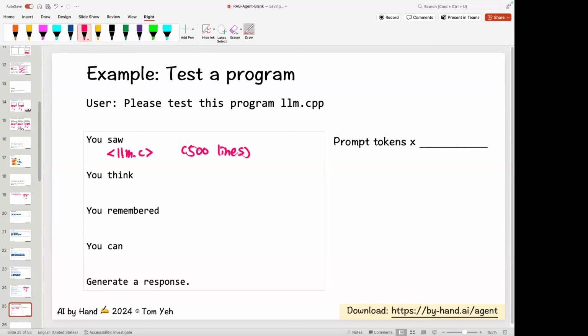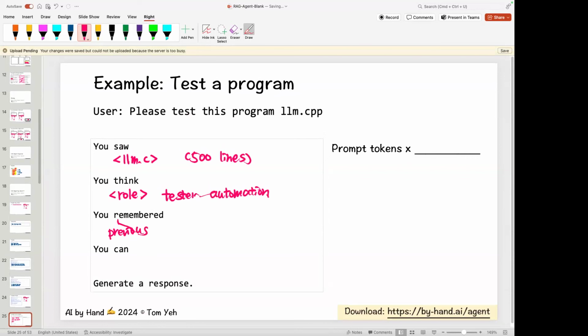How can agents think about what it is trying to do? So add a role. Now I want it to be a tester and also based on automation. So now it knows, it probably becomes primed to act like this. And you remember the previous version of this code, so you can find the differences. Maybe you will do regression testing.